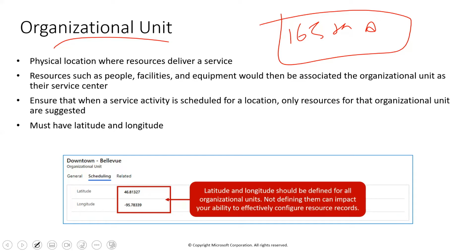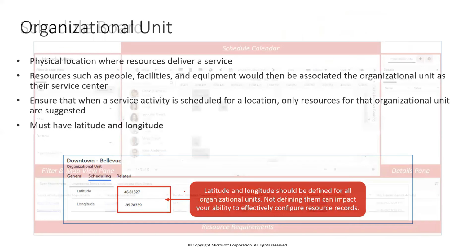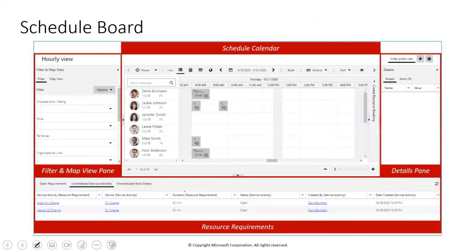We can create the account entity first for their different branches, and from the branch, if I'm associating this address information, they are going to provide me the latitude and longitude. We need to utilize the same latitude and longitude here to know how far the distance is from the customers to the resource's physical location. So in the organizational unit, this information needs to be provided.